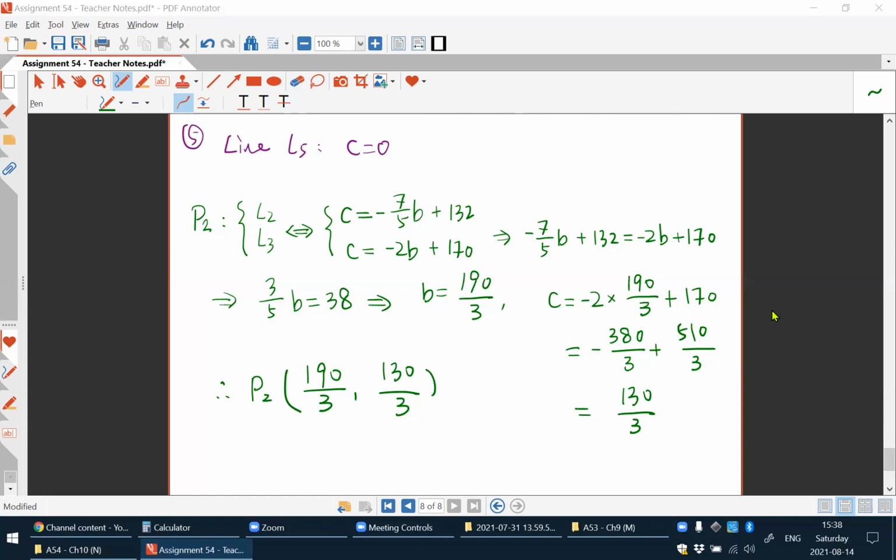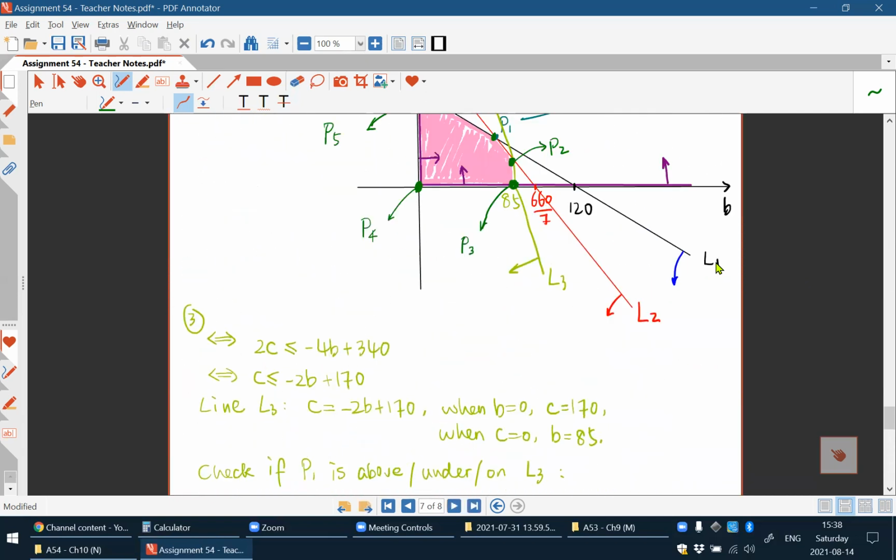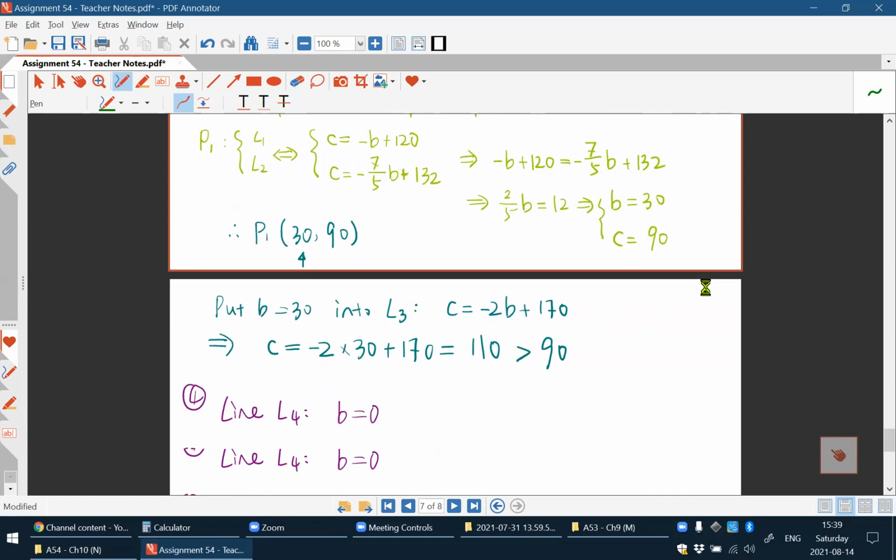Okay, so let's mark this on the graph. P2 here. Coordinates of P2 are 190/3 and 130/3. Okay. Next is P3. P3 happens to be the x-intercept of L3, so it's not very hard to find, right?